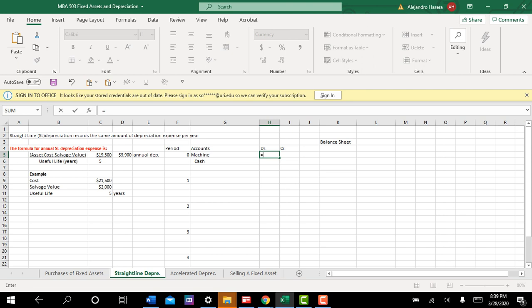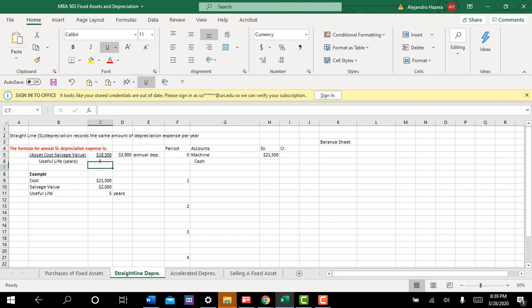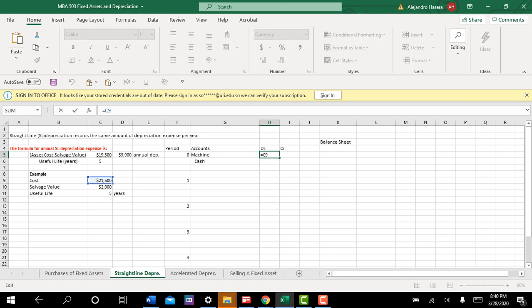Big rule here is you always need to debit your asset account for its full cost, including all those charges like taxes, installation charges. You have to debit your machine, your asset account, for the full depreciable cost. So just to reemphasize, these two numbers, the cost of the asset and that debit, must always be equal to each other. And of course you would credit cash.